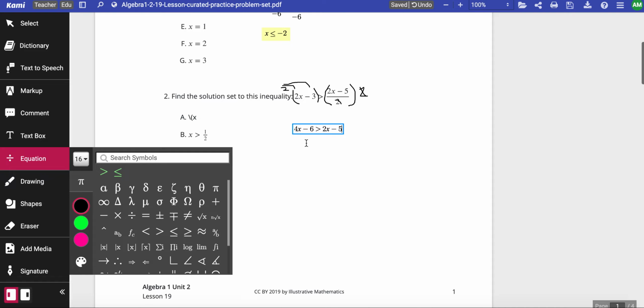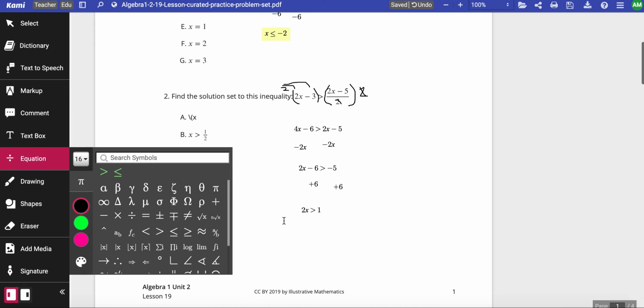Get your x's on the same side, so you'll want to subtract your 2x minus 2x. So you'll have 2x minus 6 is greater than -5. Make sure you keep that negative with that 5. Then we need to add 6 here to both sides. So we get 2x is greater than 1.